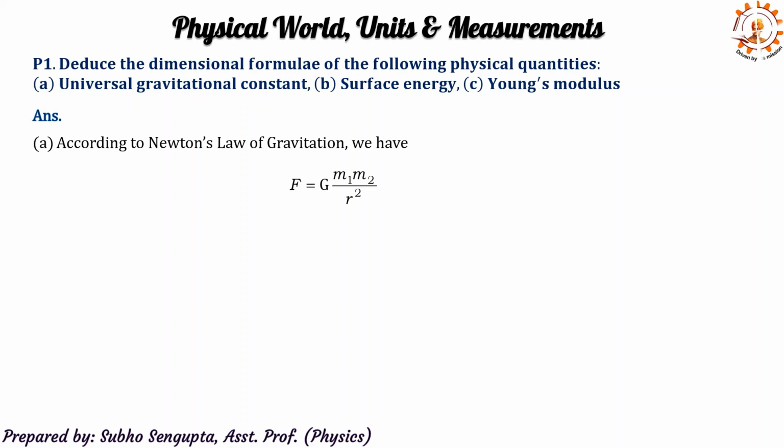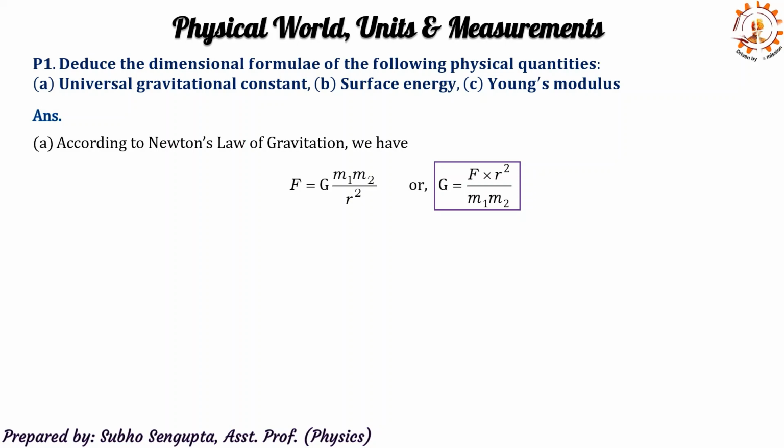Capital G is a proportionality constant and is known as universal gravitational constant. From this equation, we get the expression of G as G equals F times r square divided by m1 m2. We will be using this relation to find the dimensional formula of universal gravitational constant later.